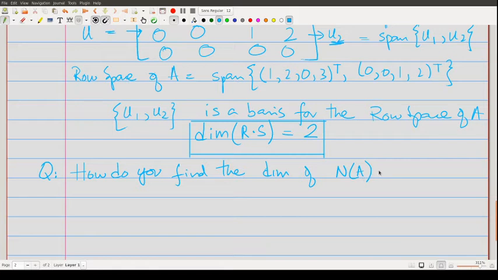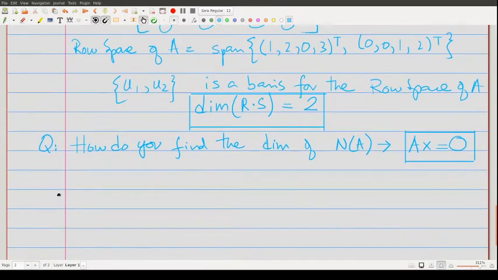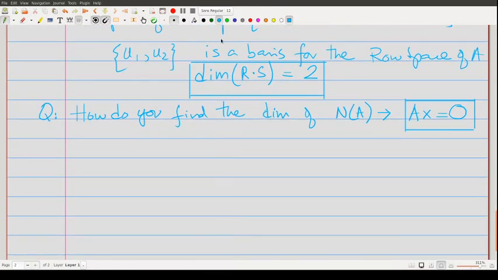All you need to do is figure out the solutions for Ax equals 0, and we've done this in one of the previous classes. You just need to figure out which of these vectors will be mapped onto 0, and once you have that collection, that will give you the dimension of the null space of A. So that would give you the nullity.